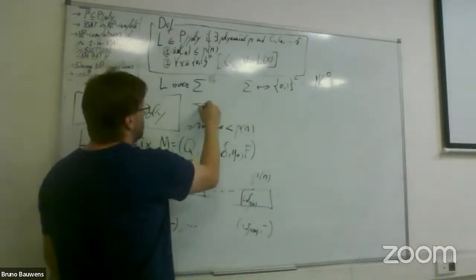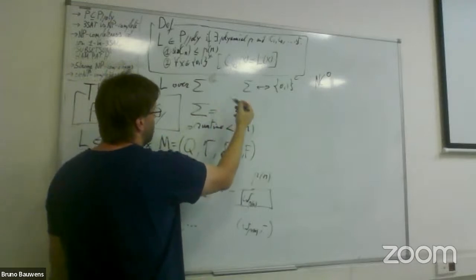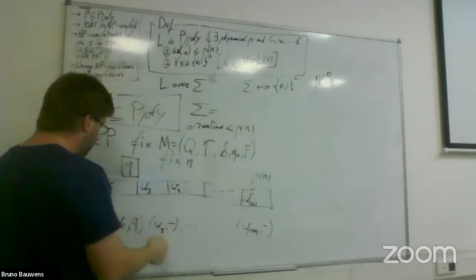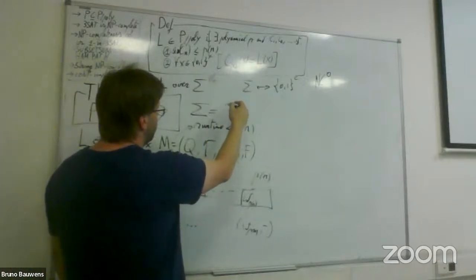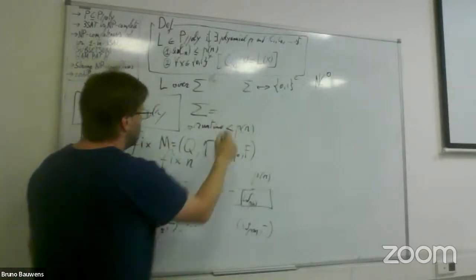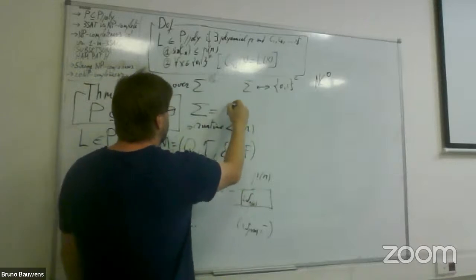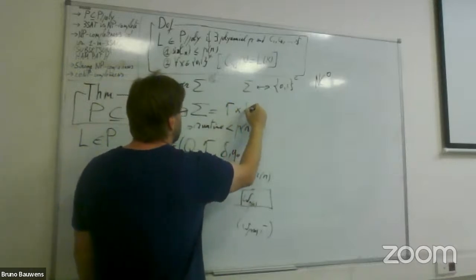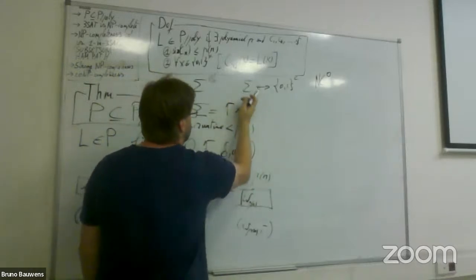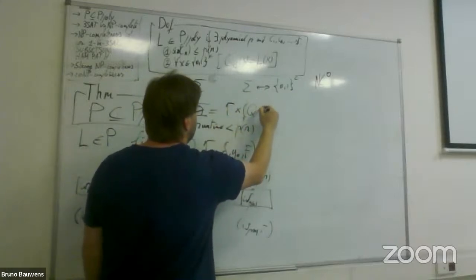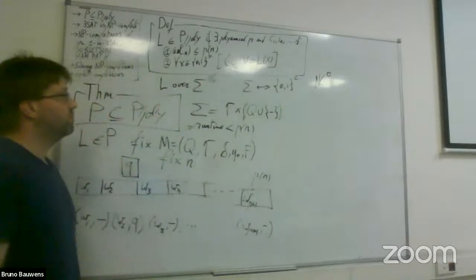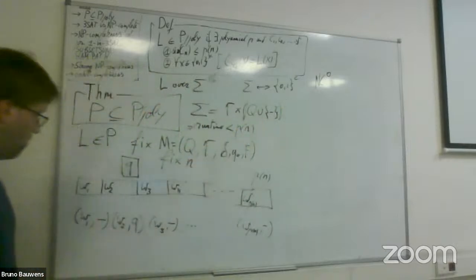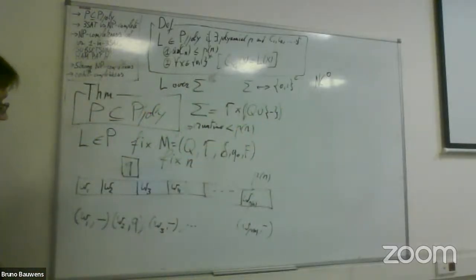In other words, we consider the states as a language over gamma times (Q union dash). We assume dash is not in Q.